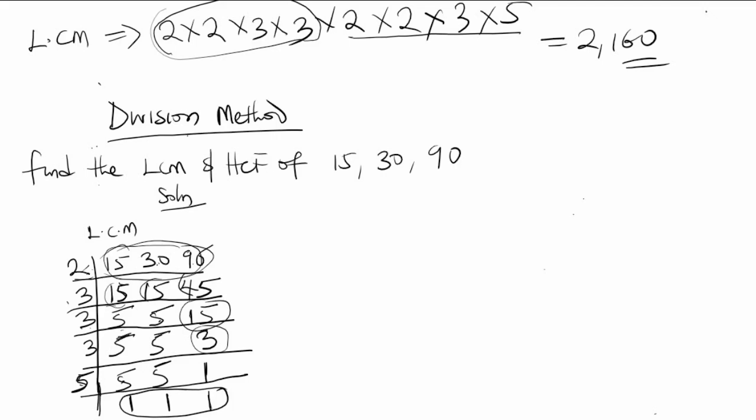So from here, the LCM becomes, we multiply all these numbers together: 2 times 3 times 3 times 3 times 5.